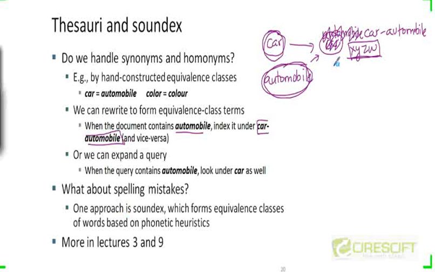We can do equivalence classing, or again we can do query expansion. So when we get a query like automobile, we can transform it into a query like automobile or car, which means we'll look up the postings list for automobile as well as the postings list for car and then take the union.